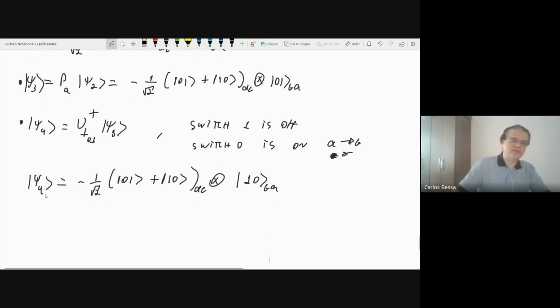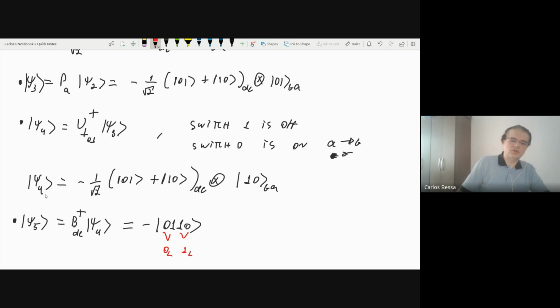And psi 5 doesn't tangle on this guy. So B dagger psi 4, B dagger is acting on DC. So it's acting on this, and this sign is plus. So this is minus the logical 0, 1 times this 1, 0. Again, this is the logical 0, this is the logical 1.